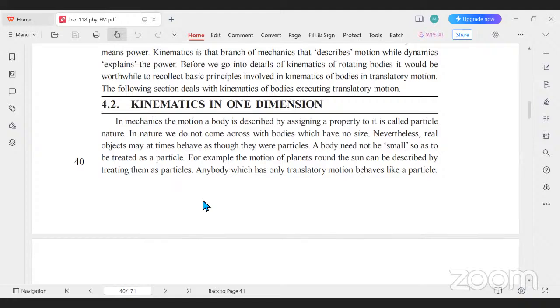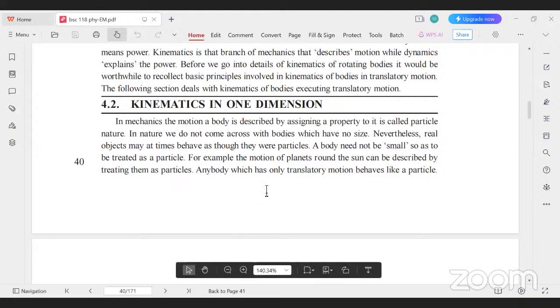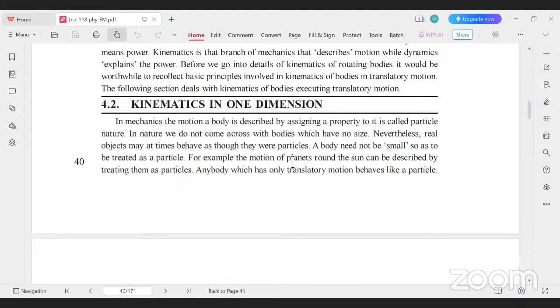Why do we want to study this? Suppose a rigid body is there. A rigid body is nothing but something which does not move from one place to another, like the sun.